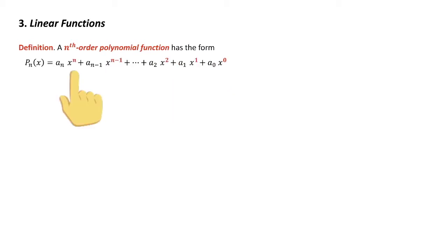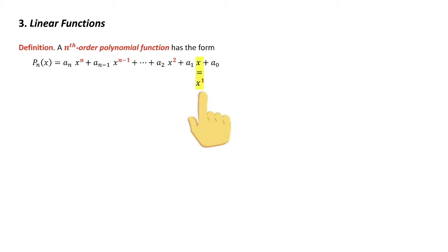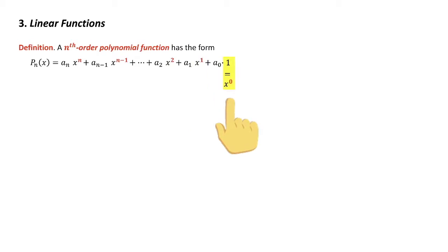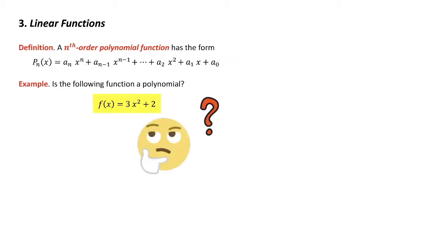So if it's a fifth order, it'll be x to the fifth if that's the highest order, x to the fourth, x cubed, x squared. Notice when you just write x, it's x to the 1, and when you write a0, it's a0 times x to the 0, which is 1. So the powers are 5, 4, 3, 2, 1, 0. We've got it all figured out. So that's an nth order polynomial.